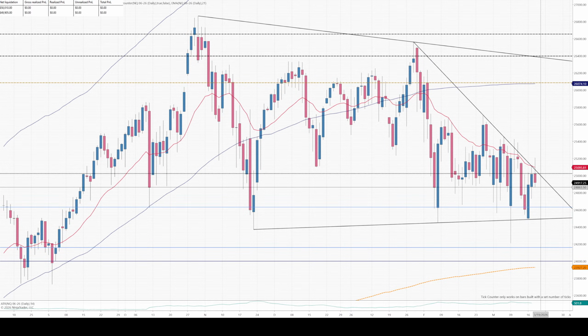Now the question is, will sellers bring it all the way back down into this area of support, or do buyers defend somehow and push higher than this downward trend line and close? I also think that the FOMC data that's going to come out later today, the decision, is going to affect price action extremely one direction or the other.